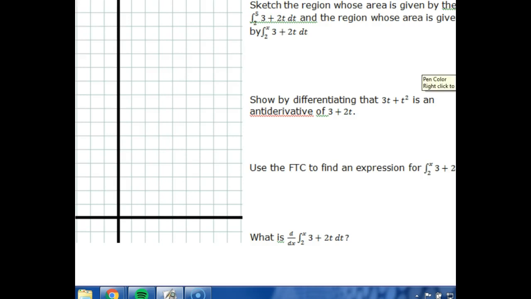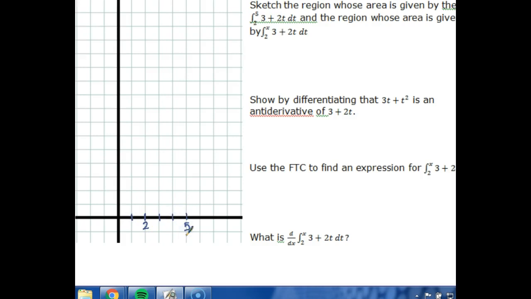So go ahead and sketch your region. Again, we're going from 2 to 5.